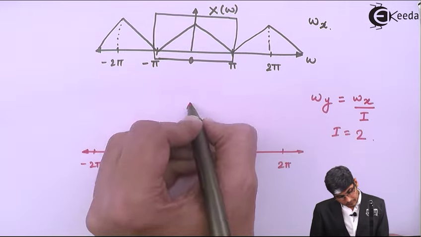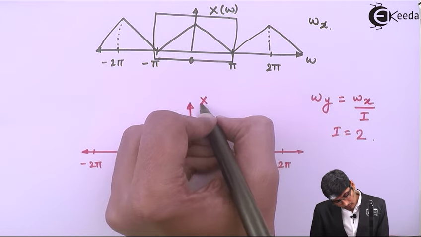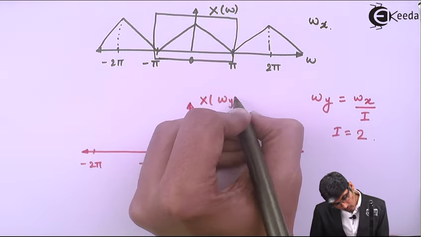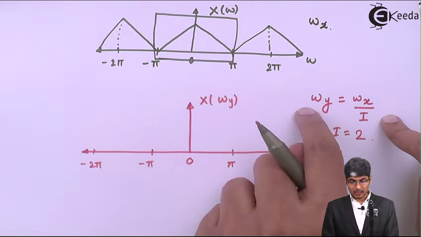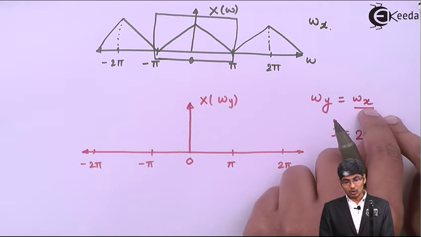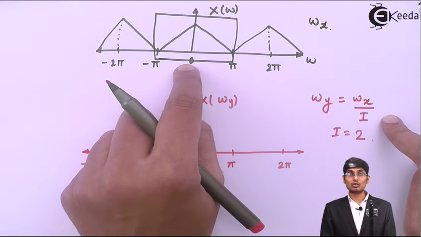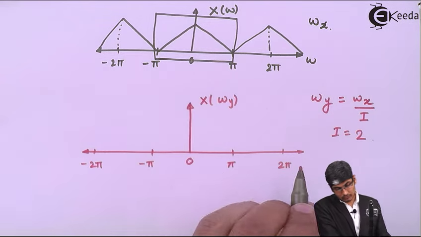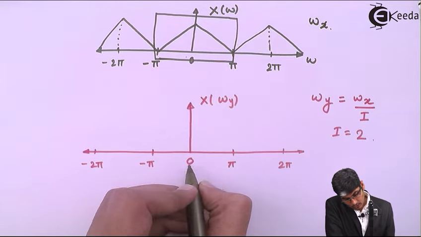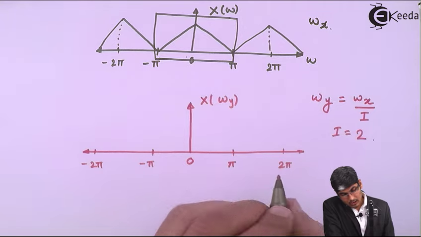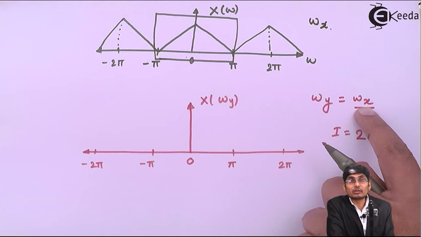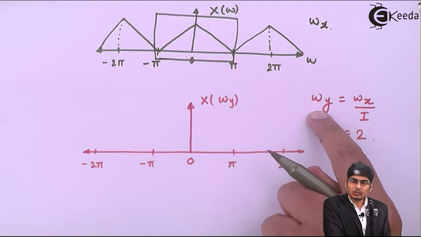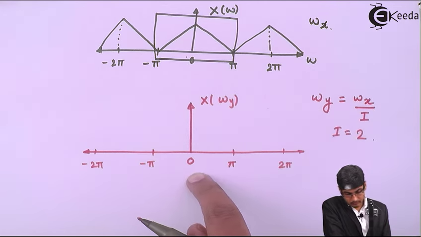And this is my X of omega y. Comparing omega y with respect to this one, when I am at omega equal to 0, I put omega x equal to 0, omega y is also 0, so there is no problem.